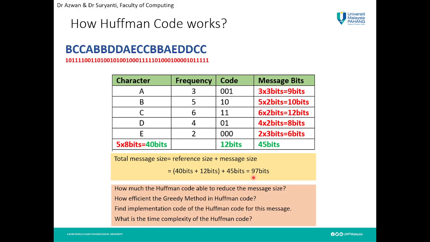So how much percentage can Huffman code reduce the size? Maybe around 30% to 50% and above. So we can reduce half of the size of the message by using Huffman code.